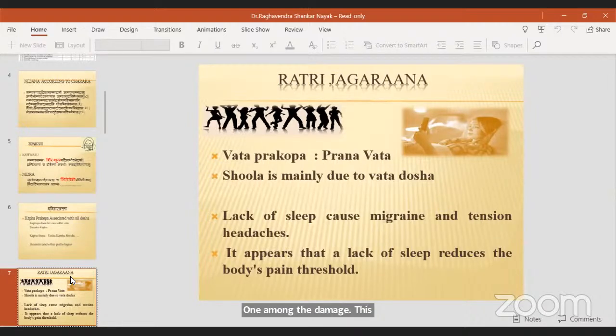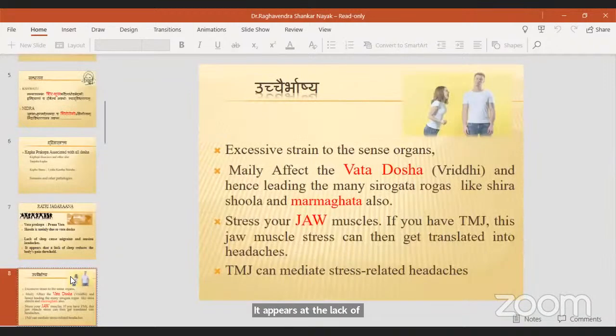Lack of sleep causes migraine and tension headaches. We can correlate this in the modern aspect and conclude that Ratri Jagarana also leads to Shiroroga, and it appears that lack of sleep reduces the body's pain threshold, which causes a headache.